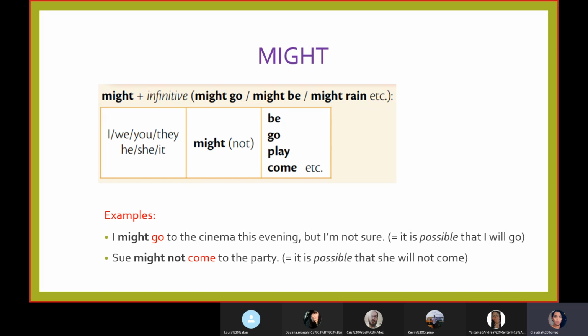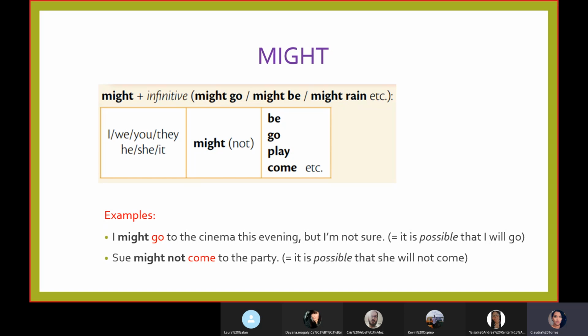I might go to the cinema this evening, but I'm not sure. So it is possible that I will go, but it's not 100% a plan. So remember, when we're talking about plans and we are sure, we say, I am going to, right? But here not, because this person is not sure.